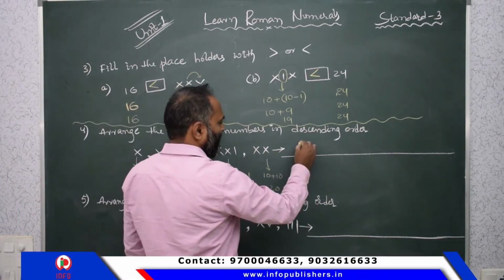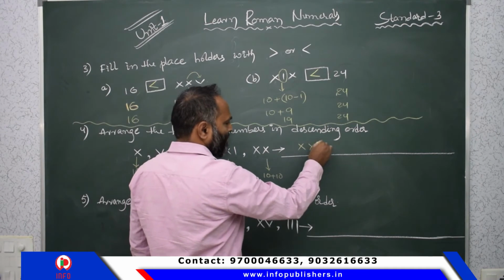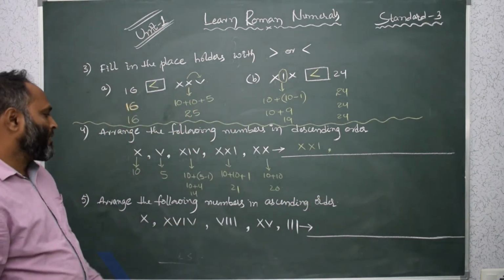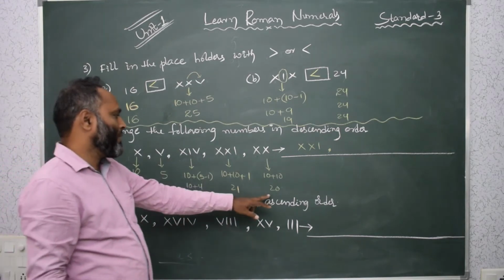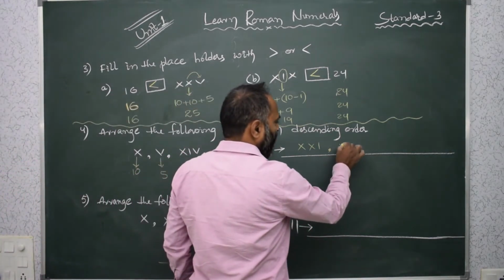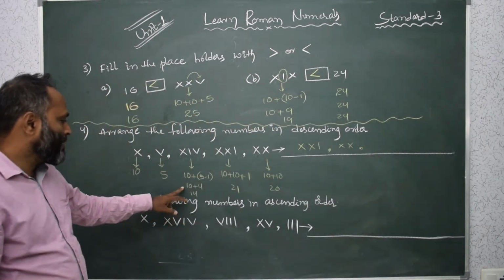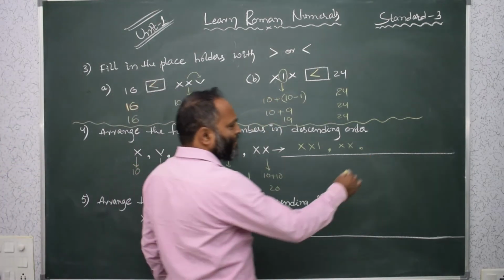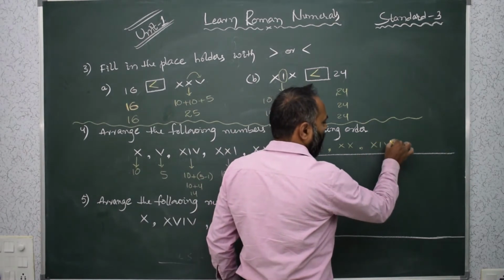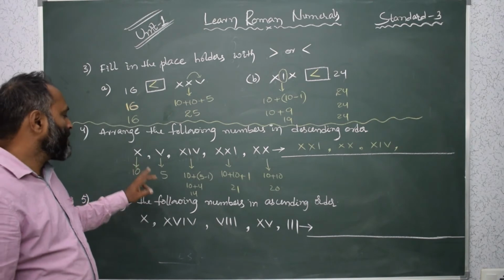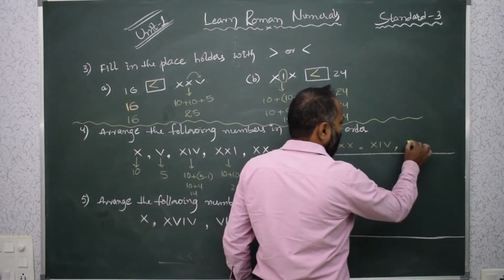That is XXI. Then a little bit smaller than this is 20, that is XX. A little bit smaller is 14, that is XIV. Then a little bit smaller, that is 10. Very small, that is 5.